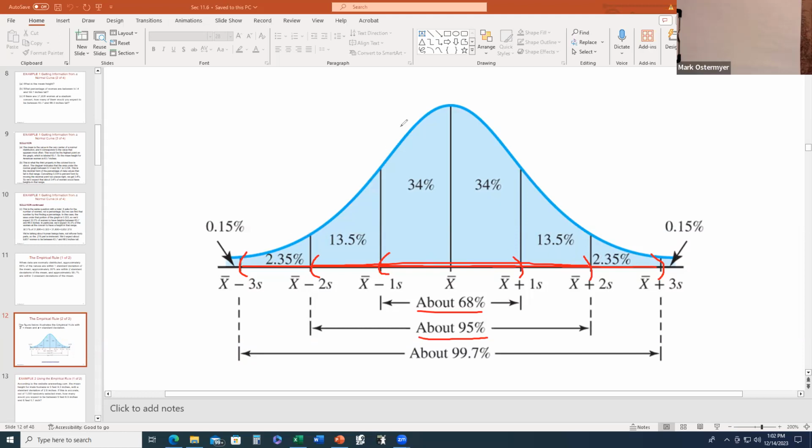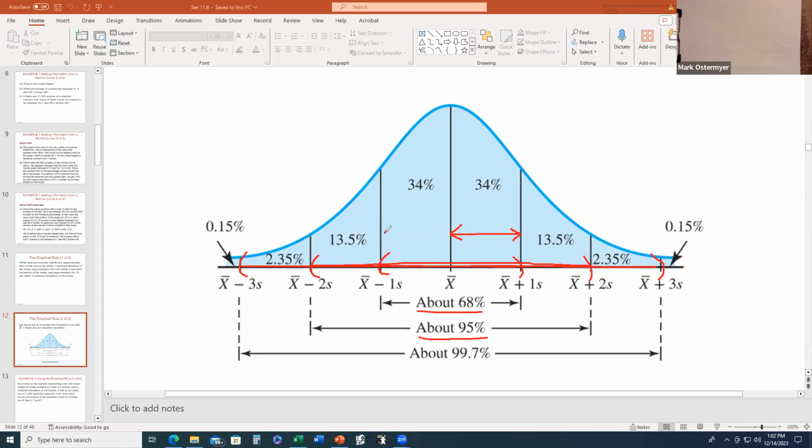And because this curve is perfectly symmetric, I can say that about what percent of my data values will lie between the mean and one standard deviation above the mean? You would say what? What's half of 68%? 34%. Do you agree?